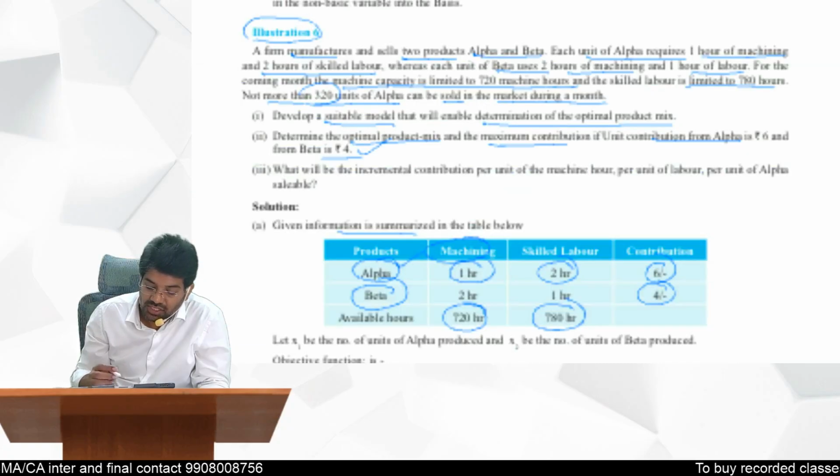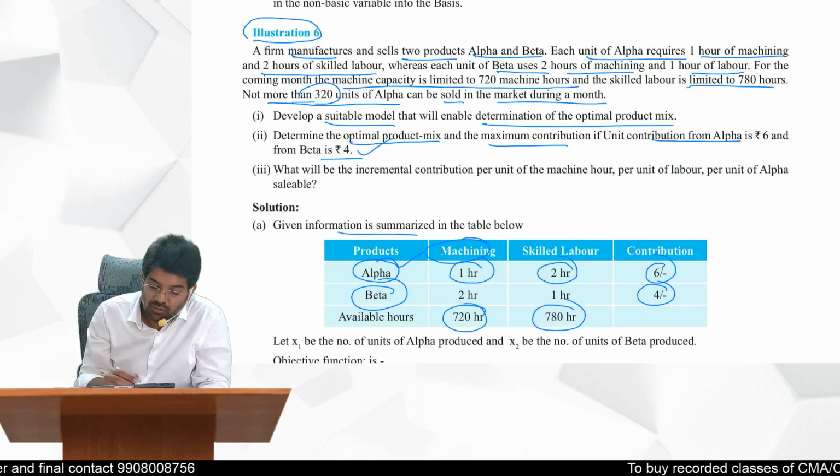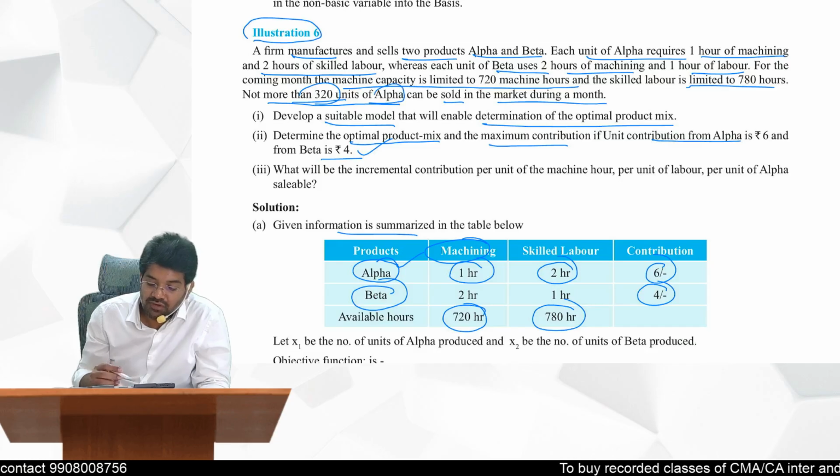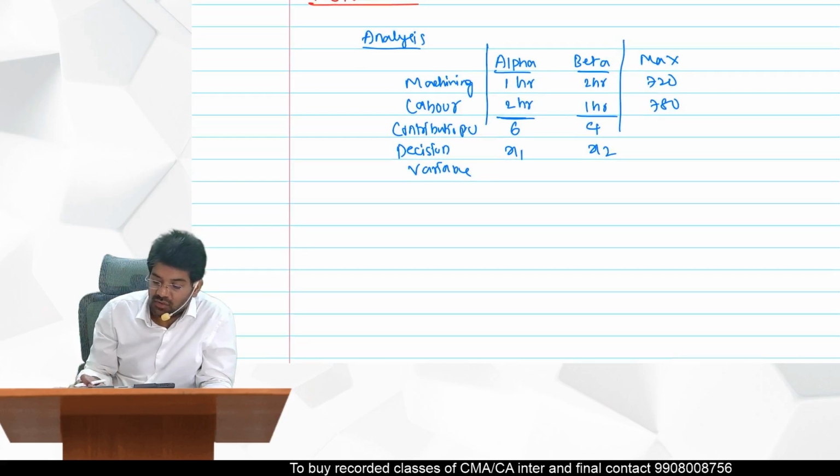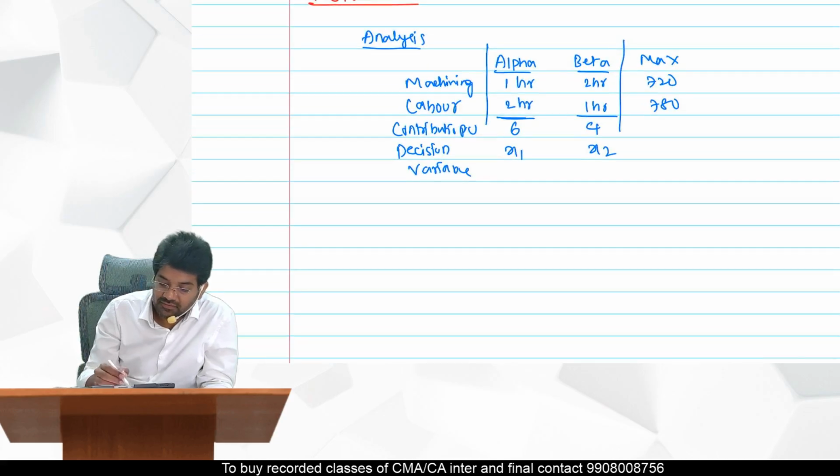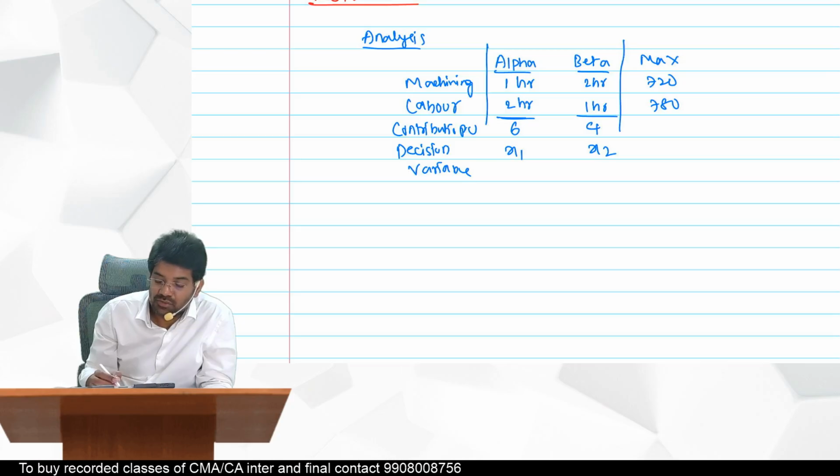Not more than 320 units of alpha we should produce. So it should be less than or equal to 320. So let us write now, what is the objective? We are assuming let x1 comma x2 be the number of units of alpha and beta.